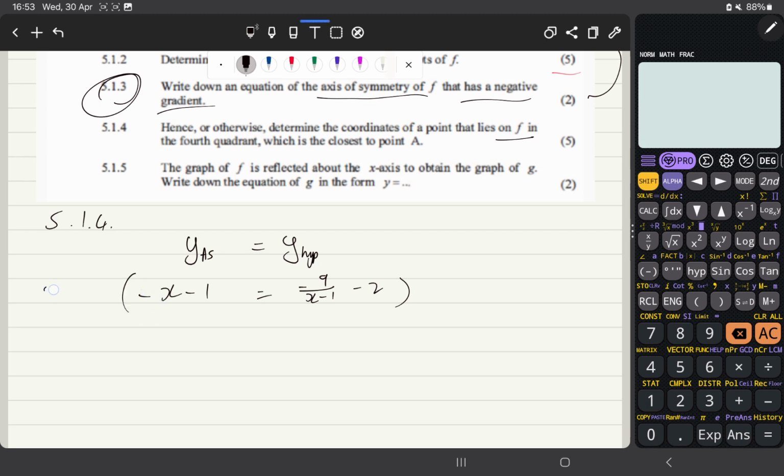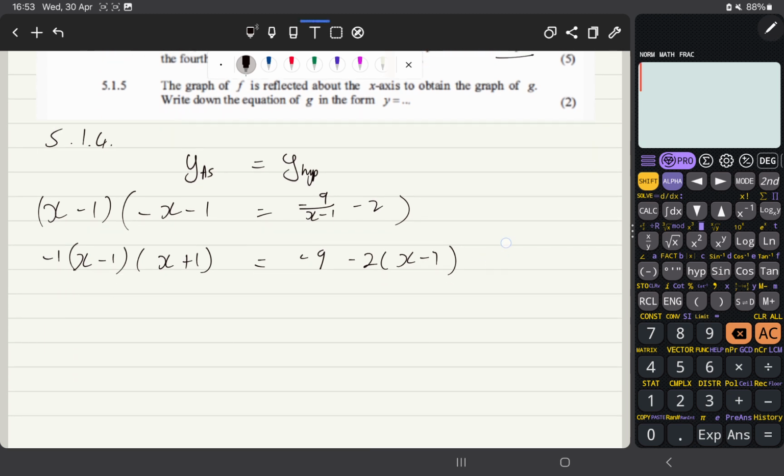We could multiply everything by x minus 1. So if we do that, then on this side, let me already take out the negative sign, I have positive x plus 1, and then my negative 1 is outside, because this is a product, it allows me to do that. Then that side, I'm going to have a minus 9, and minus 2 into x minus 1.